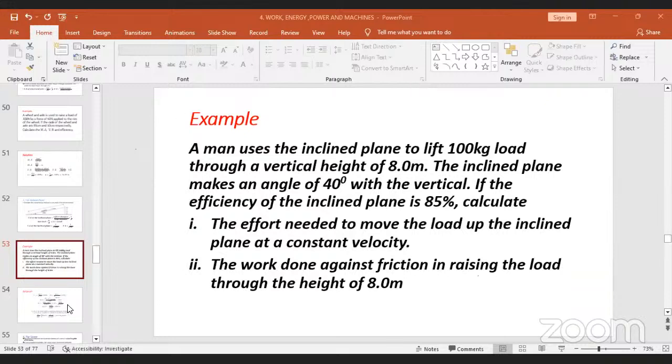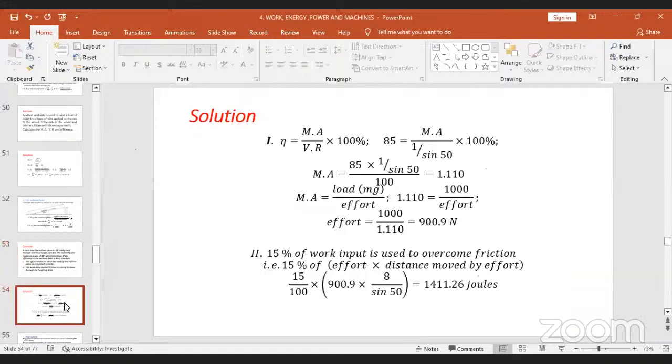So can we look at the working? Let's look at the working. We were to look at mechanical advantage. Let me take you a bit back.